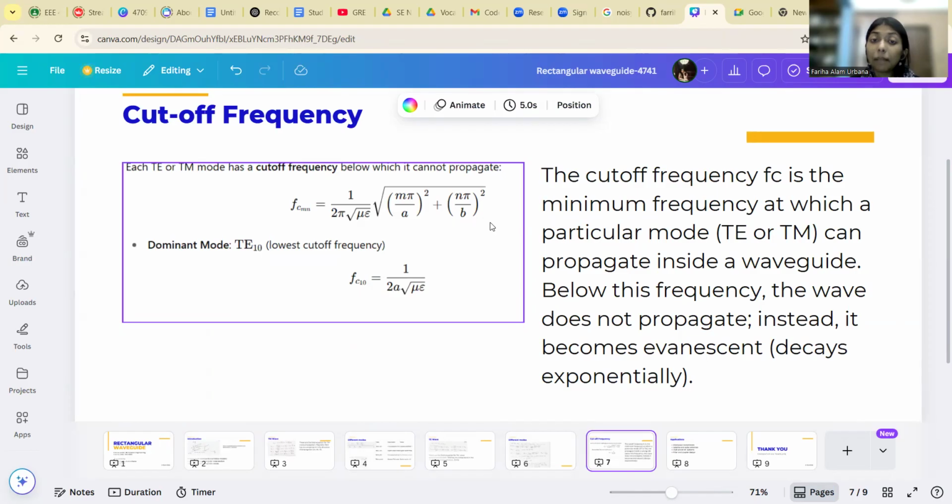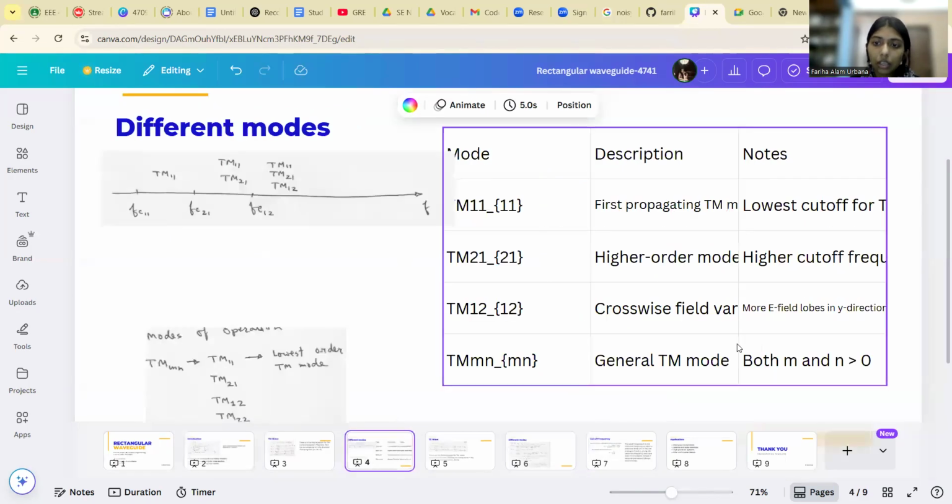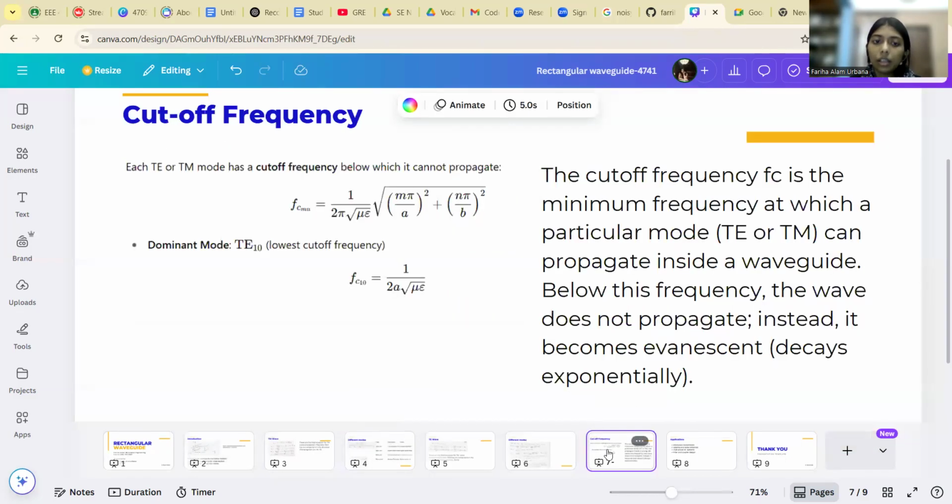M and N can be any value, but the value must not both be 0. And this was mentioned here in the different modes of TE wave. It can be for both the TM wave and TE wave. So M and N, this value is considered in any generalized case for kinds of modes.